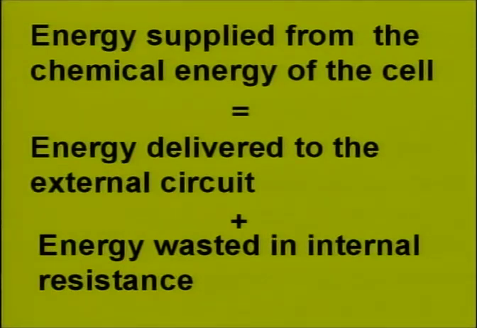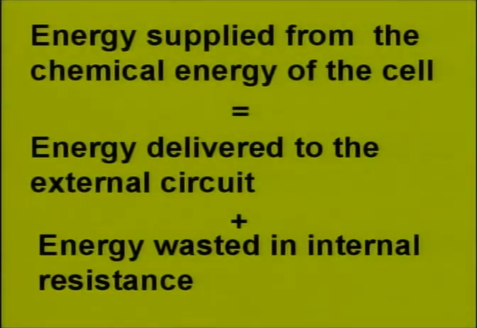As for that equation, the energy supplied from the chemical energy of the cell equals the energy delivered to the external circuit plus the energy that is wasted in the internal resistance. The wire also has some internal resistance, and there will be some difficulty for current flowing through, so energy will be lost.